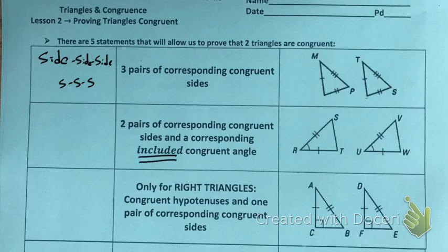So that word included is super important. What included means is that that angle is between the 2 congruent sides. It's being made by those 2 congruent sides. And we call this one side angle side, or SAS.